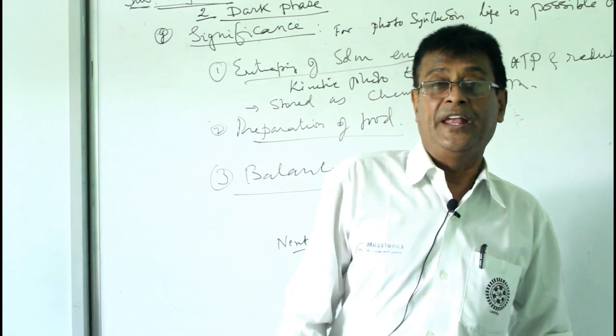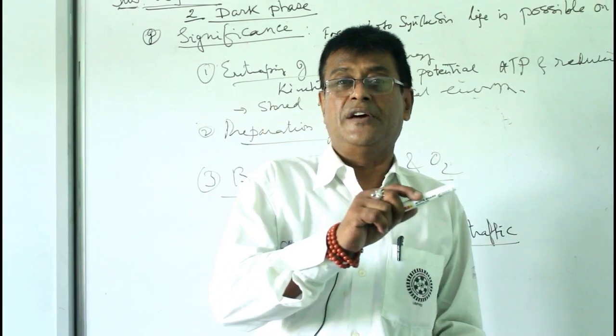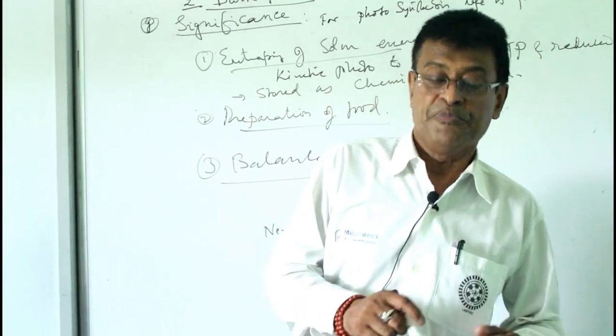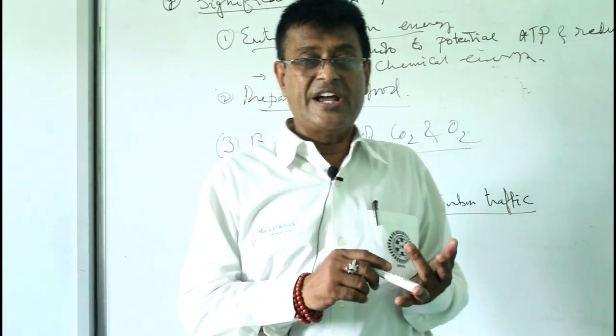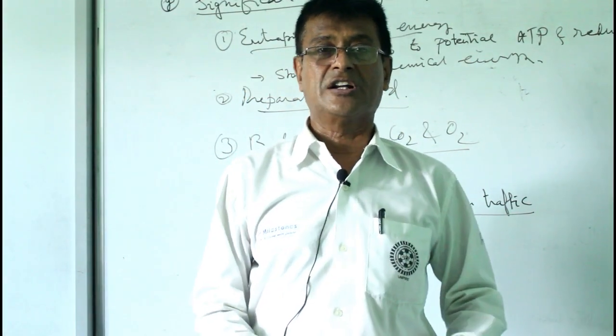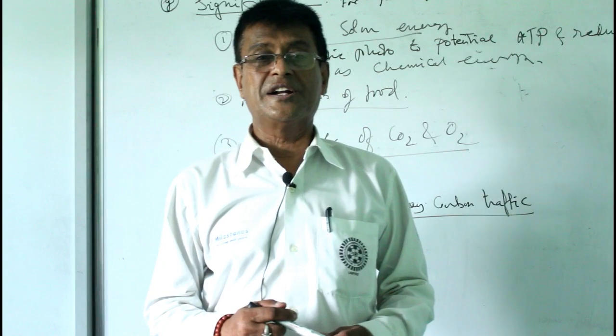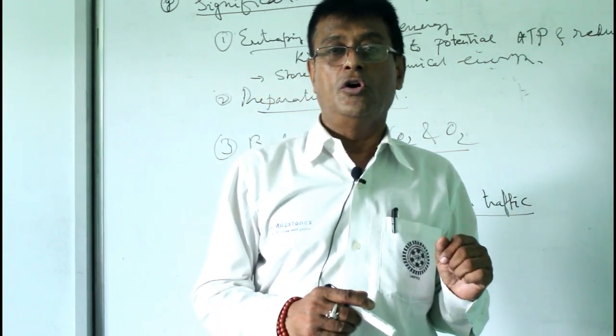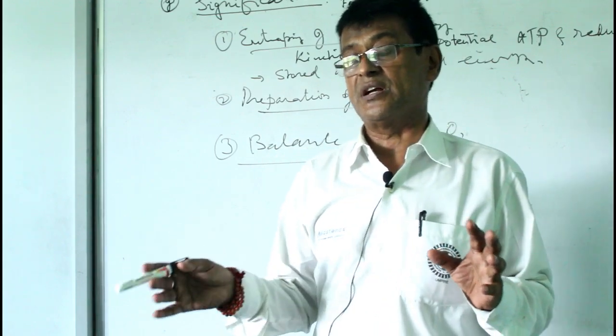You know, in the air, we take the full mass of air or atmosphere as 100%. In 100% we have oxygen, carbon dioxide, noble gases, water vapor, and other gases. Say about roughly 20% is oxygen, and only 0.03 to 0.04% is carbon dioxide.